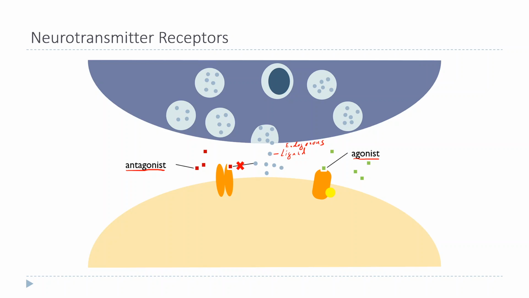An agonist is something that mimics the effect of the endogenous ligand, and in some cases may even be more effective than the endogenous ligand. So a lot of drugs, medications, poisons, and environmental toxins are chemicals that bind to these receptors in one way or another and cause the endogenous receptor to behave differently.